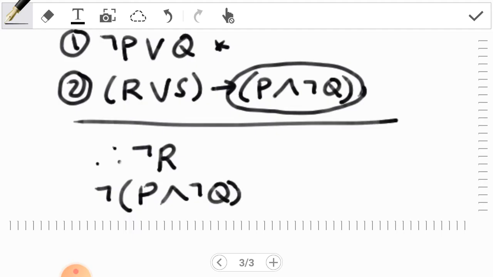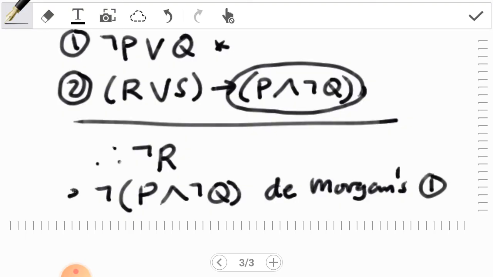If you use De Morgan's rule, you negate the entire proposition, then you change the connective from or to and, or from and to or, whichever appears in your given expression. So, this is using De Morgan's rule for premise number 1.